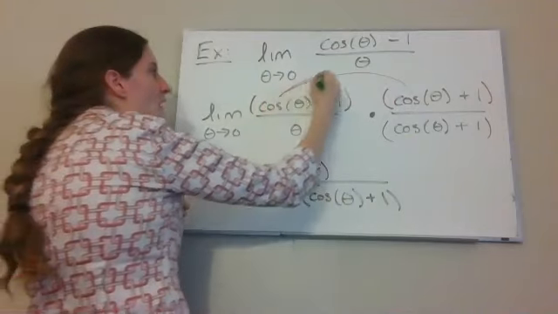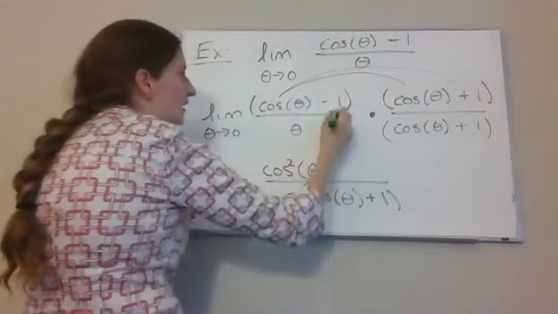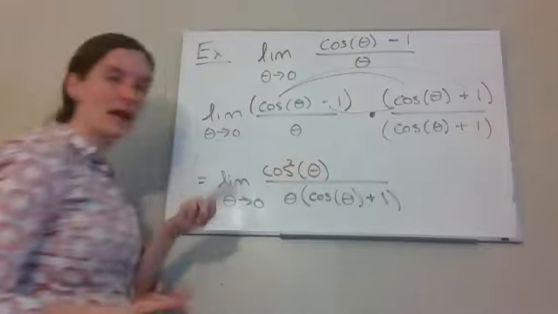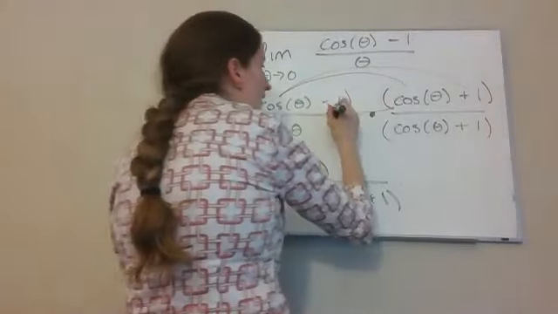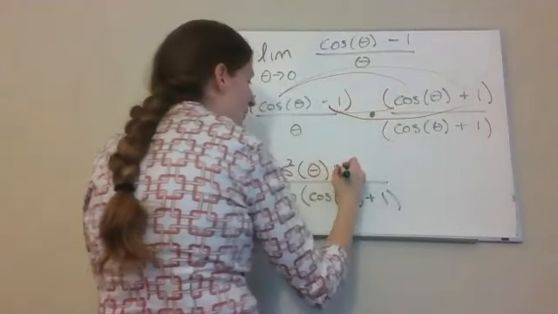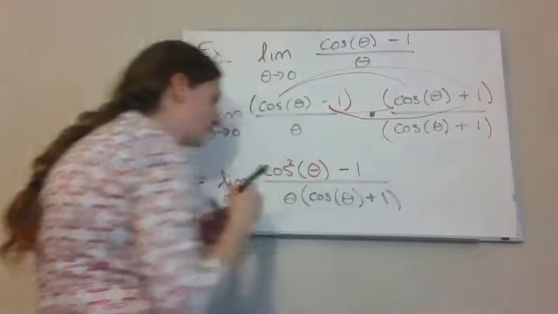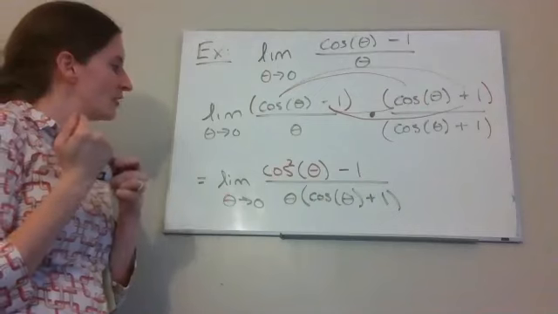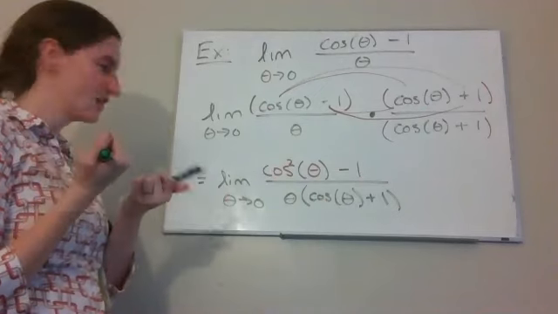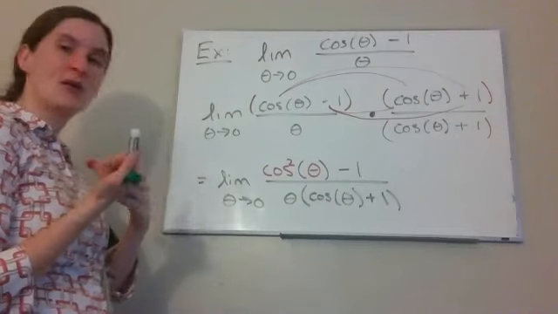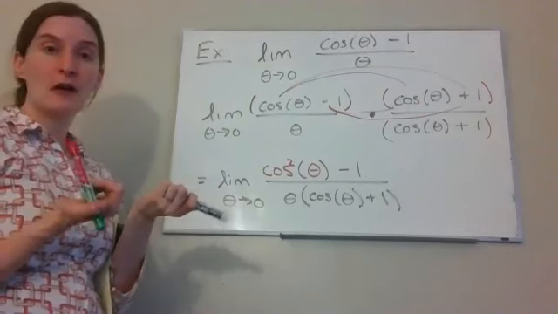Then I would have cosine theta times 1 and cosine theta times minus 1. They're going to subtract away. And then my last term is minus 1 times 1, which is minus 1. So right now you might be thinking, well, we're not really any further along on this problem. If I plug in that 0, I still have 0 over 0.